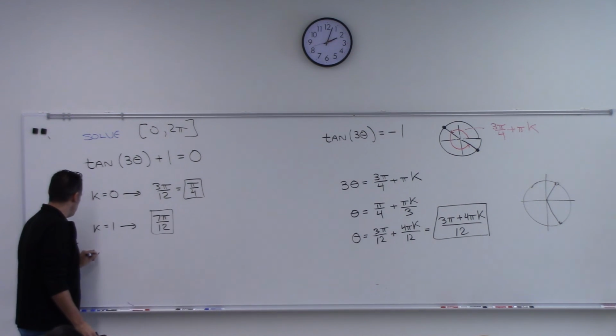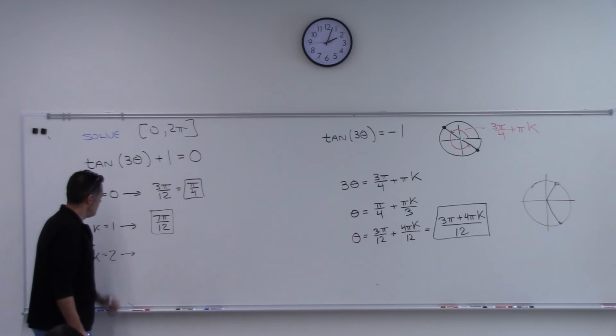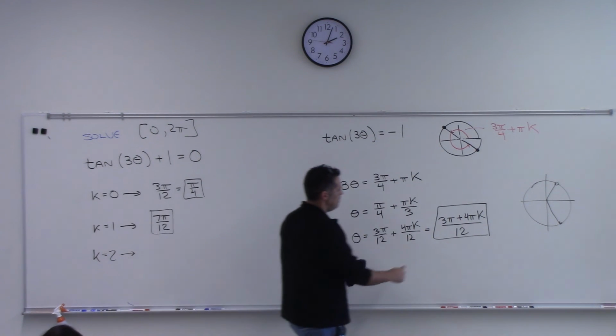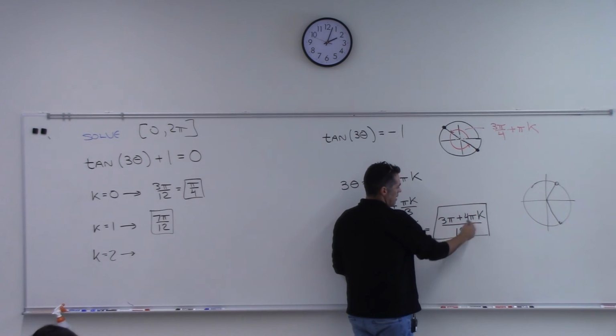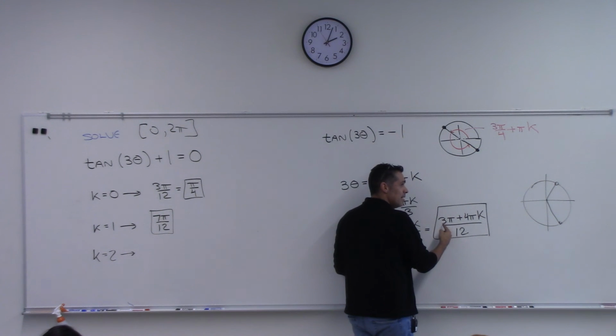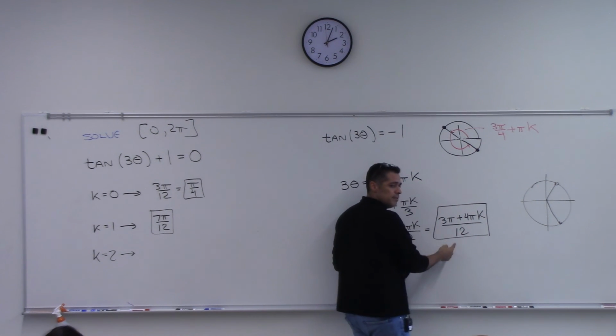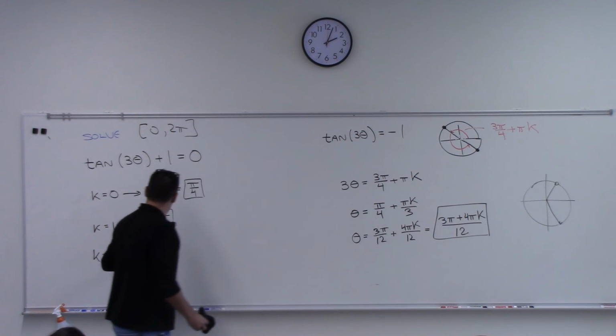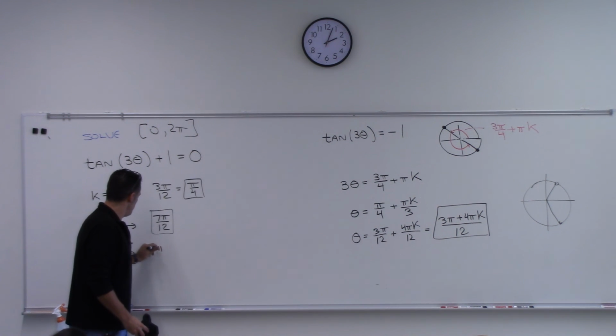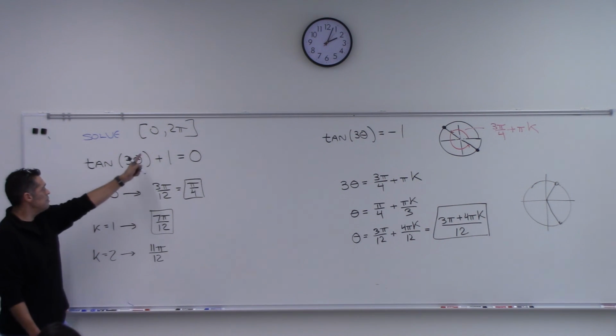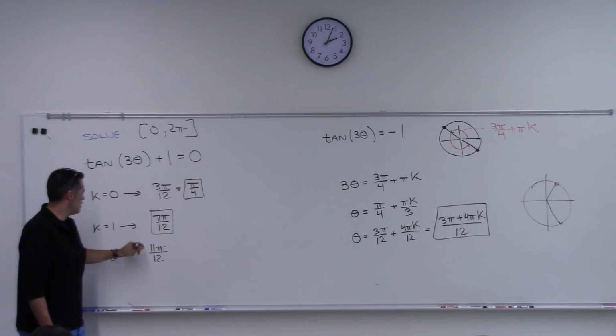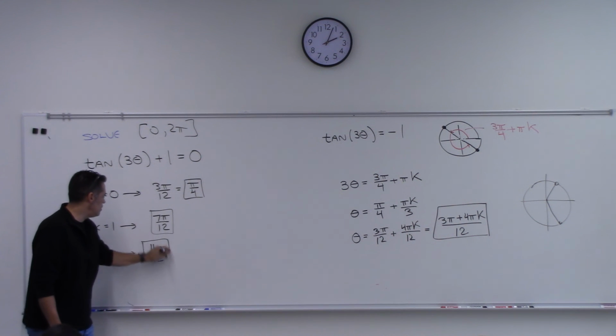Let's let k be 2. If k is 2, what do we have here? 8 pi plus 3 pi is 11 pi, right? Over 12. Does that still live in 0, 2 pi? Yes, because 11 divided by 12 is still smaller than 2.